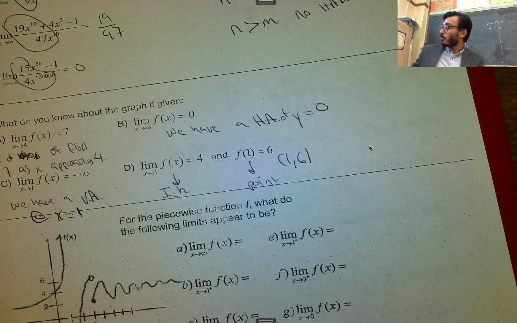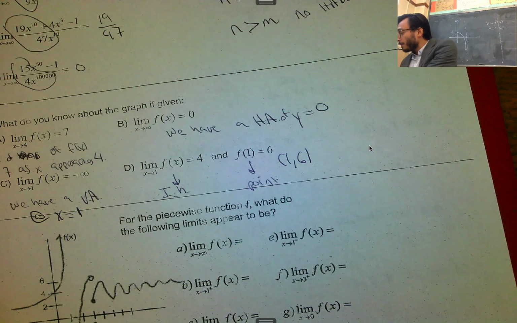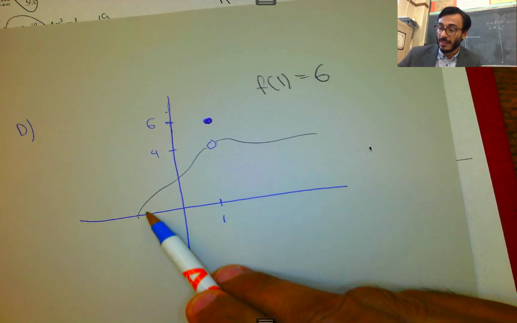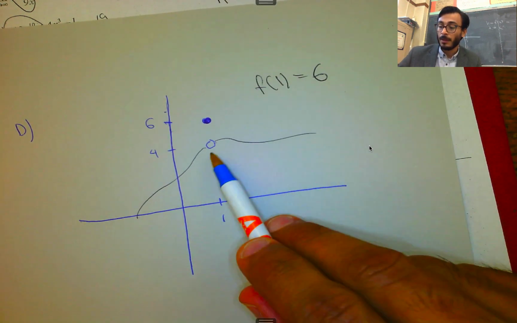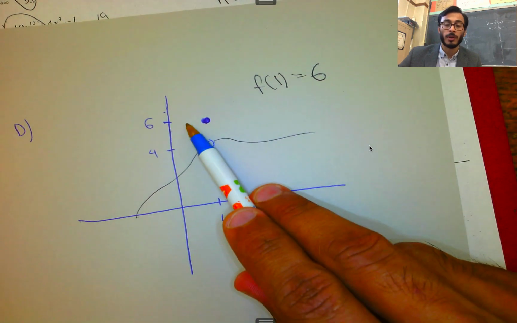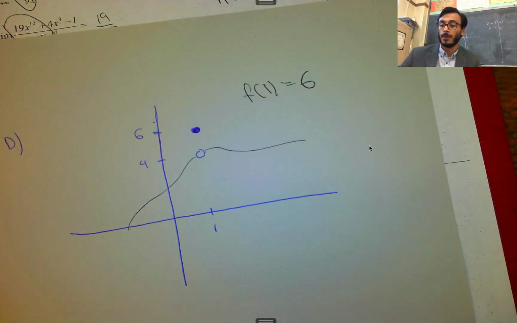So the graph could potentially look something like that, right? Where the intended height is equal to 4, but we have a point at (1, 6).